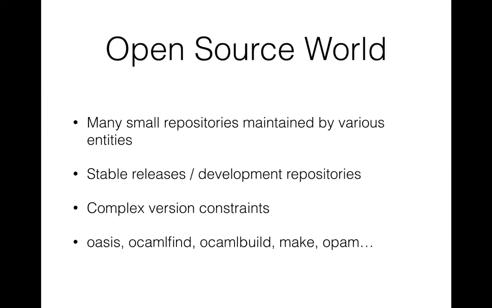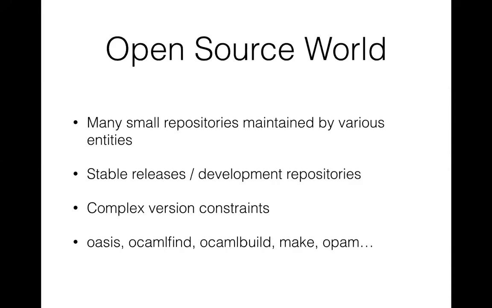Now in the open source world, as you probably know, it's quite different. We have many small repositories maintained by different people, either individuals or companies. We have a dual setup with stable release and development repositories. People typically publish their code on GitHub, GitLab, Bitbucket, or personal websites.